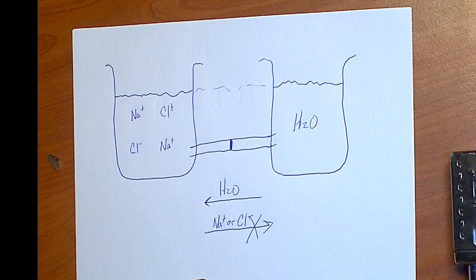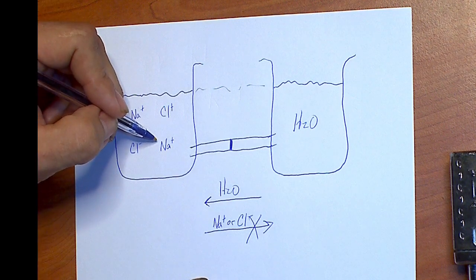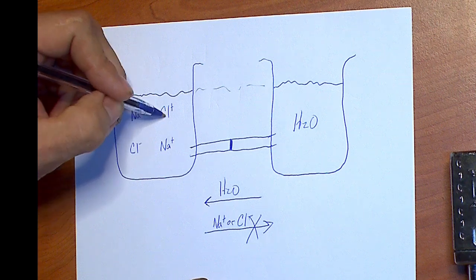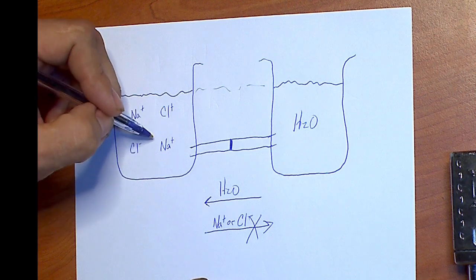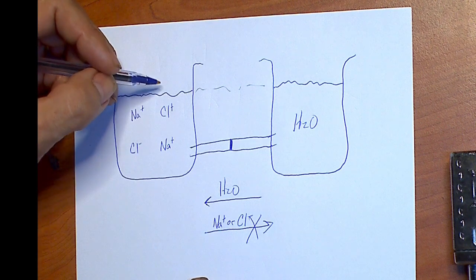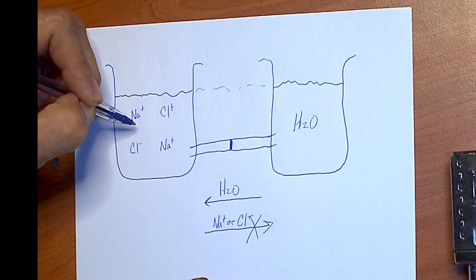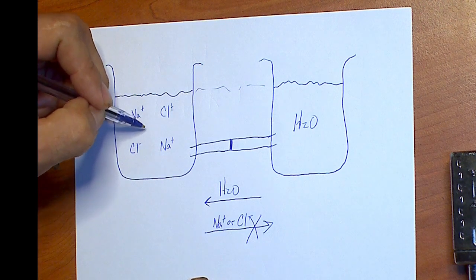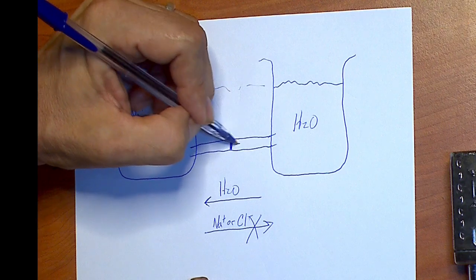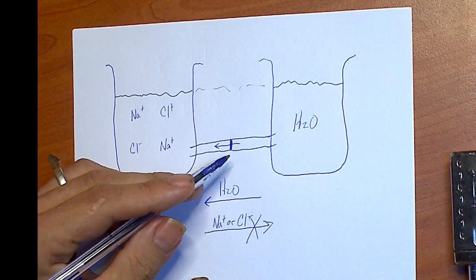And so what would happen in this situation is that we could imagine that these ions are all trying to fly apart from each other. And as they're trying to get away from each other, of course, they can't jump out of the water. They're confined to the volume of the solution. But what they can do to move apart from each other is suck water through this barrier, because remember, water can go through.